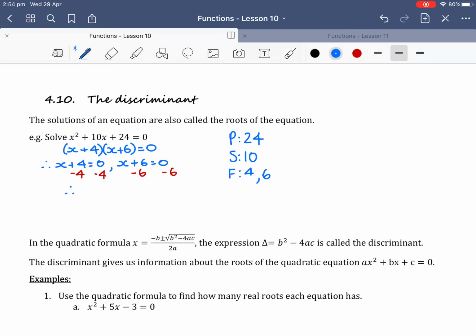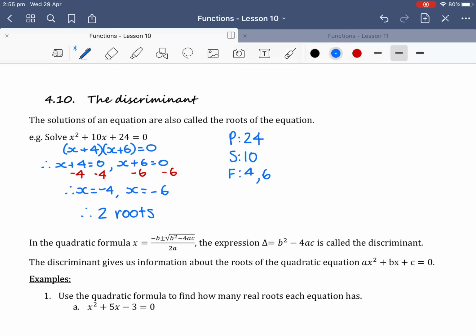So we get the value of x being minus 4, sorry, and the other value of x to be negative 6. Now these are the roots of our equation, and we have two roots: x equals minus 4 and x equals minus 6.